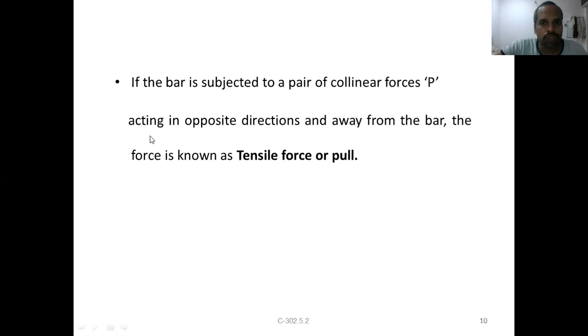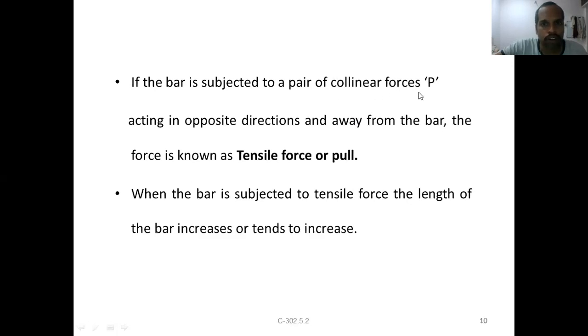A pair of collinear forces of equal magnitude, acting in opposite directions and away from the bar, is known as tensile force or pull.